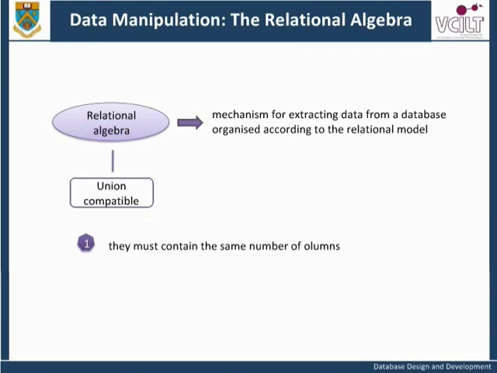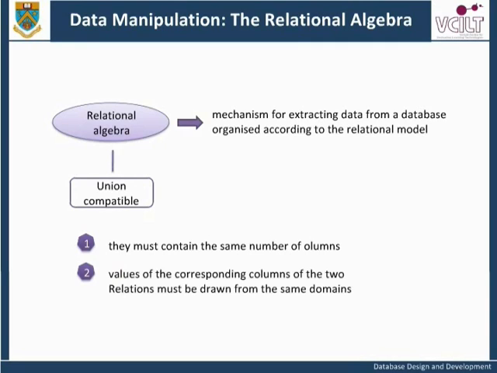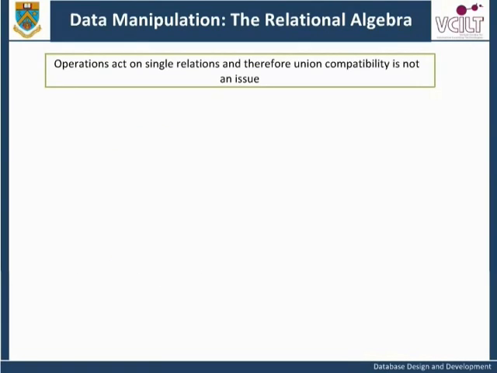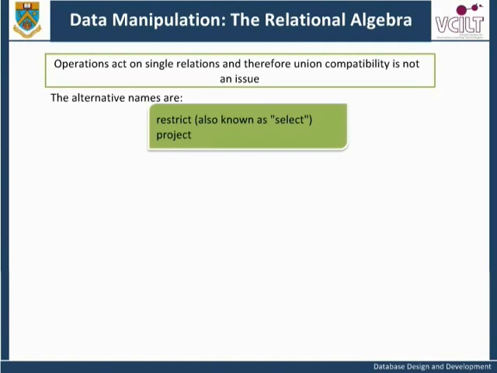Firstly, they must contain the same number of columns, and secondly, the values of the corresponding columns of the two relations must be drawn from the same domains. The following operations act on single relations, and therefore, union compatibility is not an issue. Note that some authors use different names for some of these operations. The alternative names are restrict, also known as select, project.